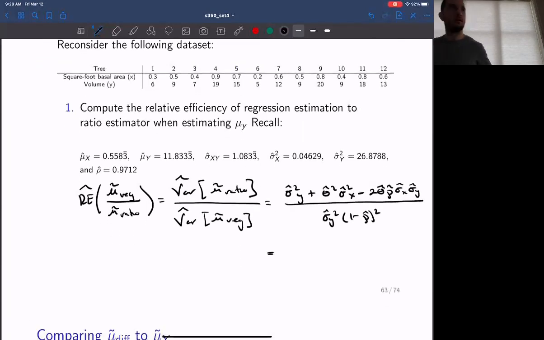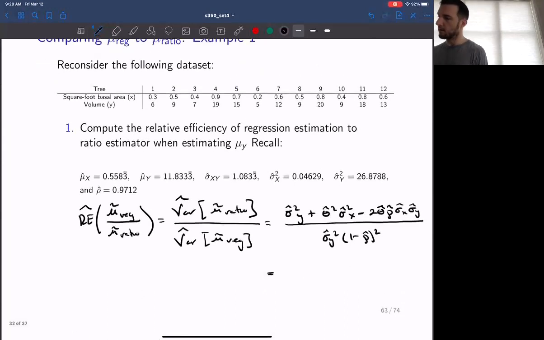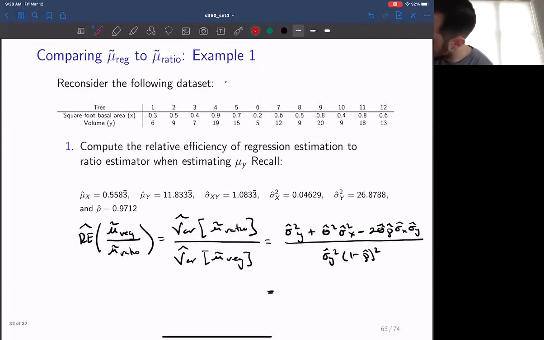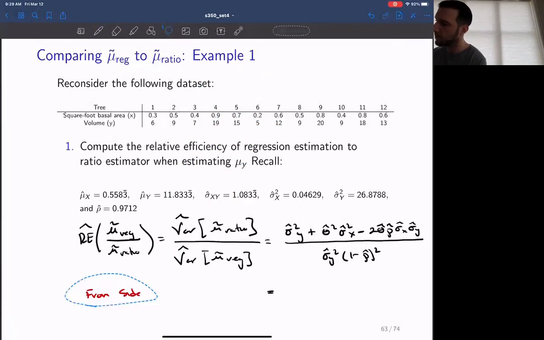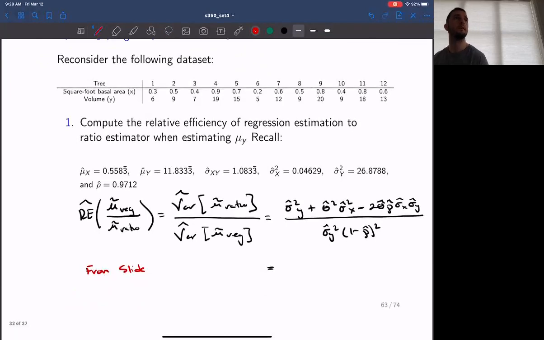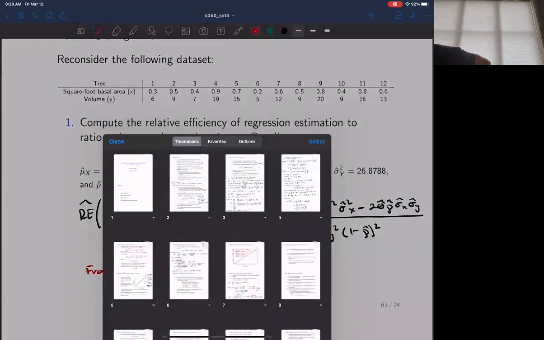Okay, now we will need a few other things from the previous illustrations. All right, so from, actually, I'll write this down here. Okay, so from slide 55, I think it's going to be. Sorry, one sec.